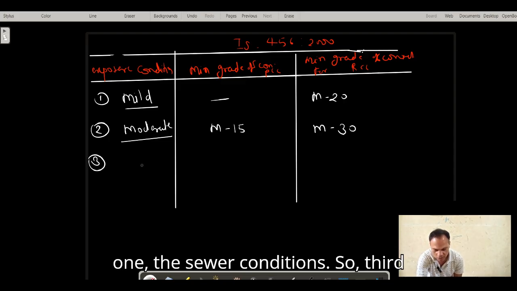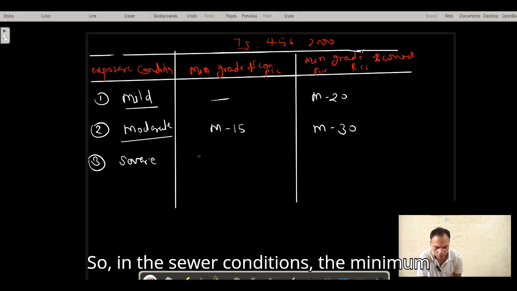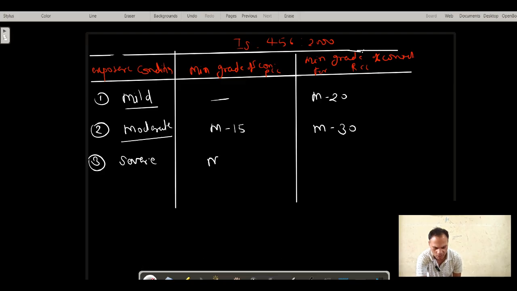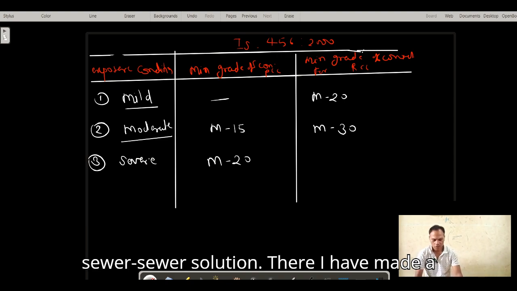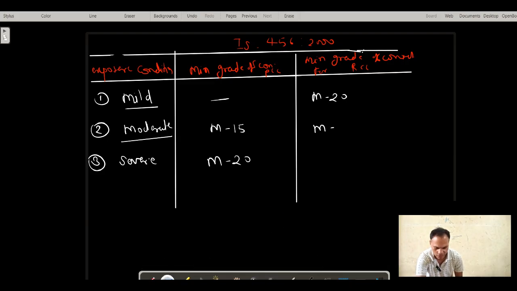Third one, the sewer condition. In the sewer condition, the minimum grade of the concrete for the PCC is M20, and sorry, there I have made a mistake. It is not M30, it is, I think, M25.